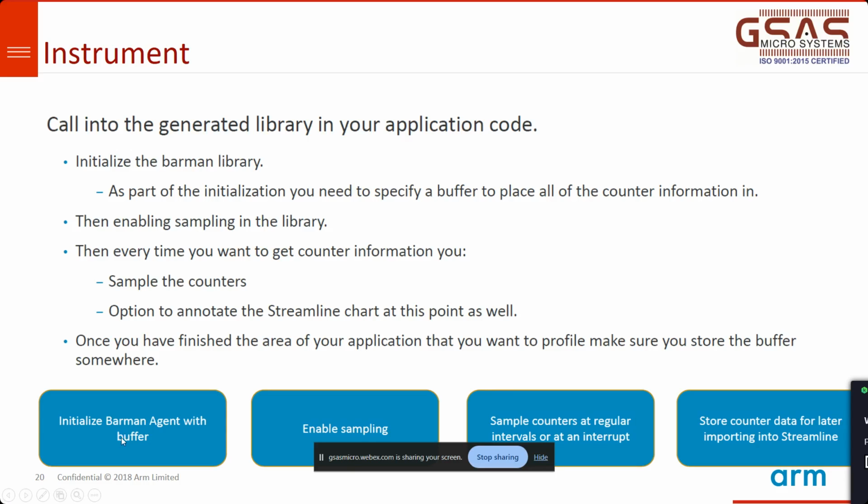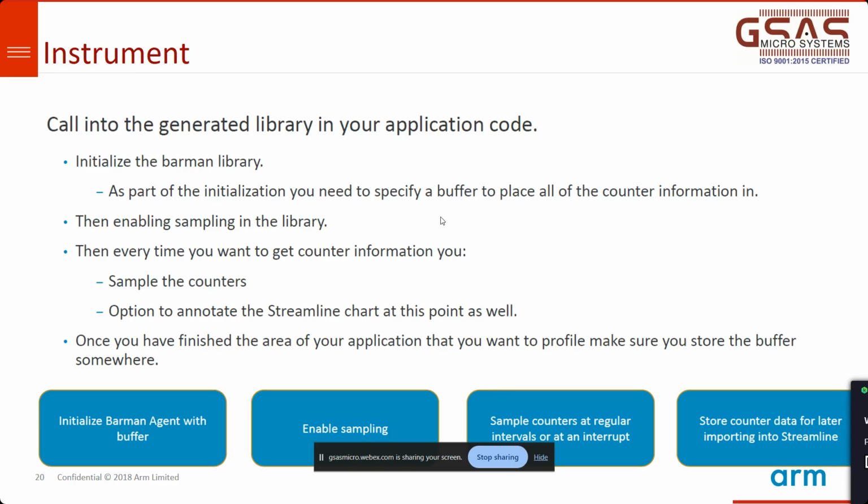So first initialize the Barman agent, then instrument it, enable the sampling, and whatever counter information there is is stored in the buffer that you initialize at the time of initializing this Barman library. After that, we will run this code.